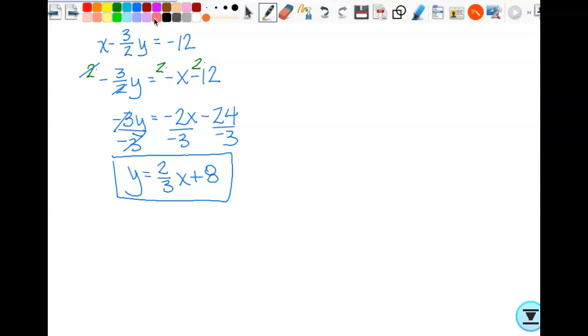Then we're going to look at it a different way, because you really kind of need to know both anyway. If I start at this step where I had this negative 3/2 y equals negative x minus 12. And if you wrote this first one down and you don't have room, just at least follow along with what I'm doing. Since I have something being multiplied by y, what I really want to do is divide by whatever that is.